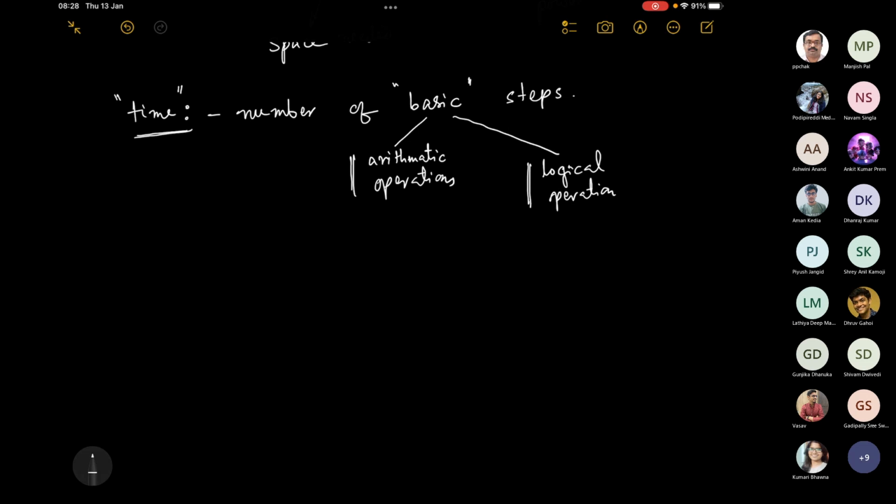But by this definition, you are saying that no, the second one, which does 99 divisions, is the better algorithm. Does everyone agree with what I am saying, or getting the criticism of this model?